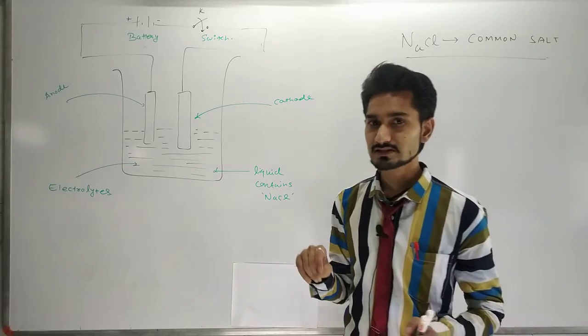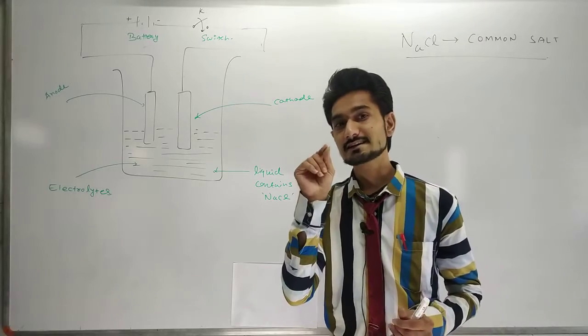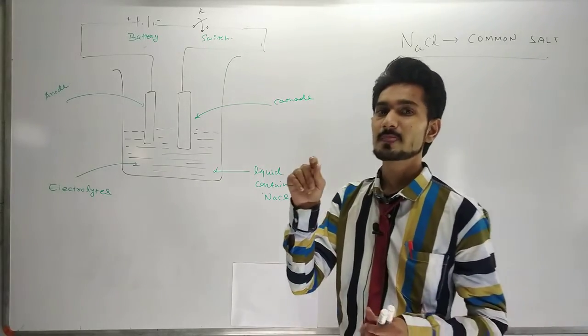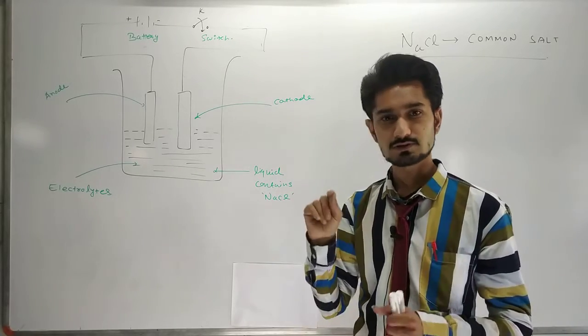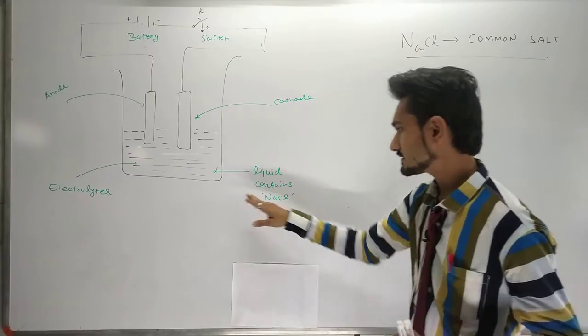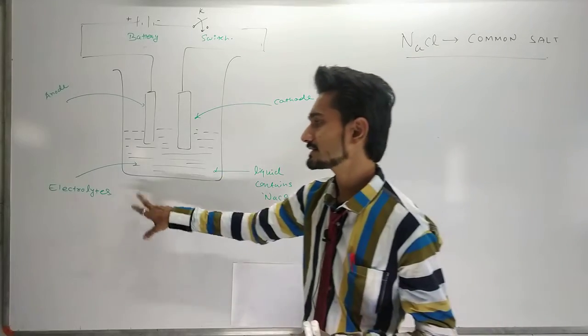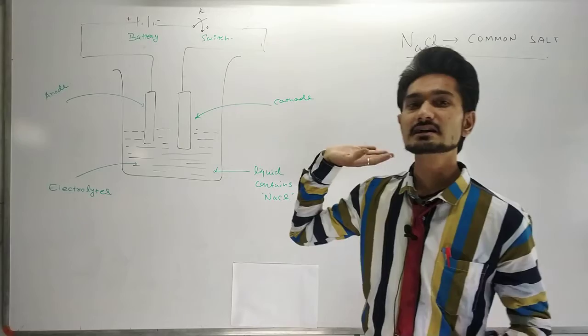If you remember the Three Idiots movie and the first scene, it explains a practical example for that. Salty water is a superconductor of electricity, while pure water is not. That's why I have taken NaCl-containing water here, and that is called the electrolyte. Electrolyte means it passes electricity through it.